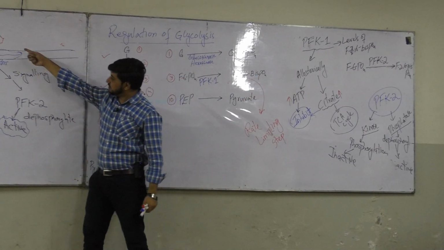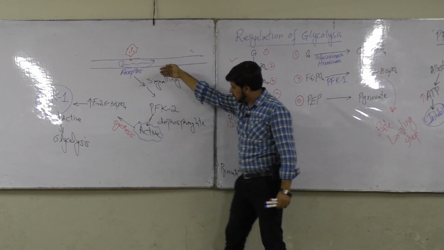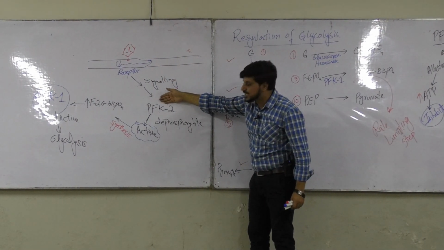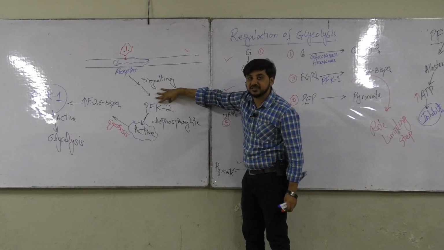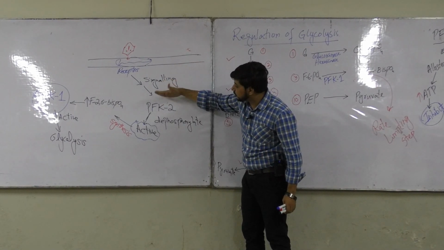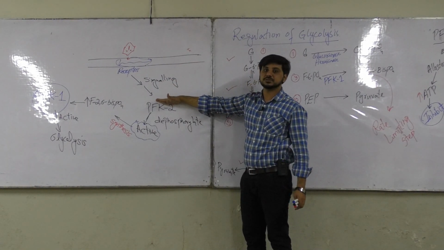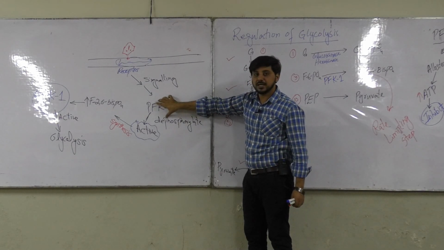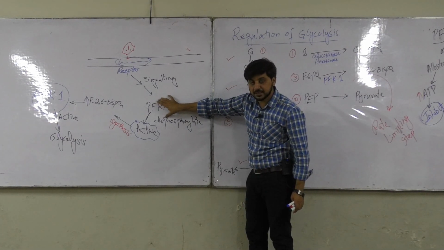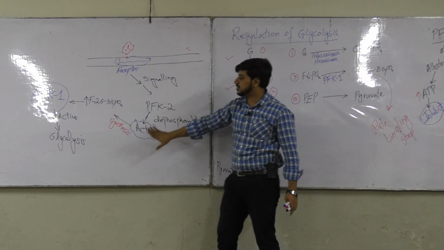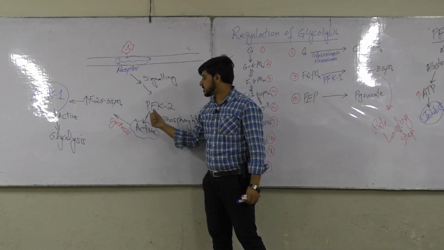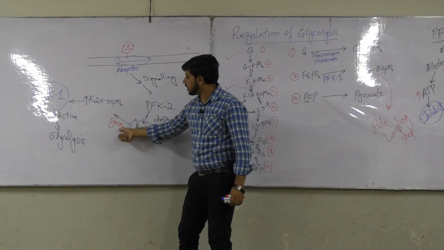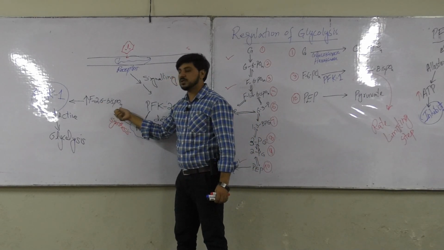With the help of insulin, the phosphatase domain of PFK2 becomes active and dephosphorylates this enzyme. When this enzyme is dephosphorylated, simply it becomes active. And when this enzyme becomes active, it starts synthesizing fructose 2,6-bisphosphate.